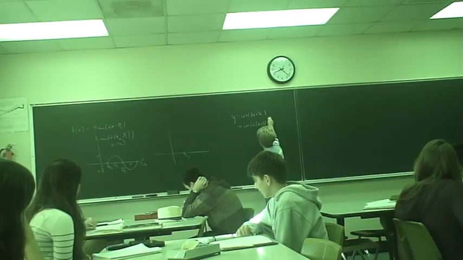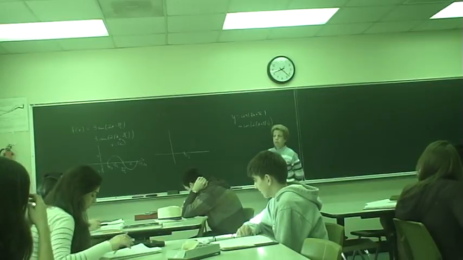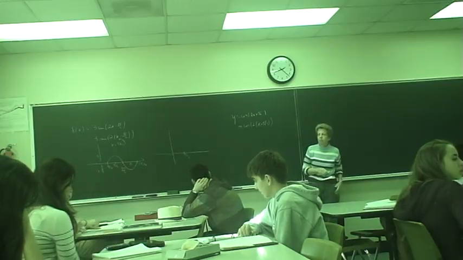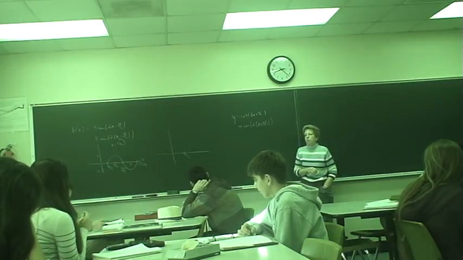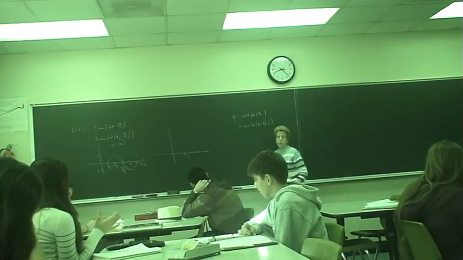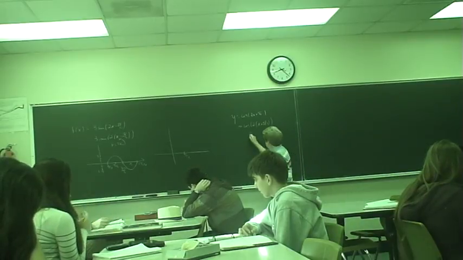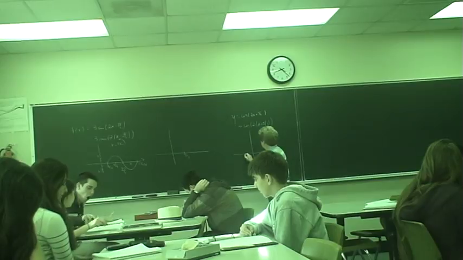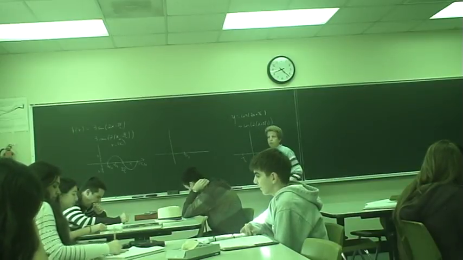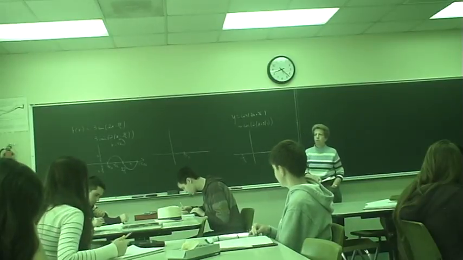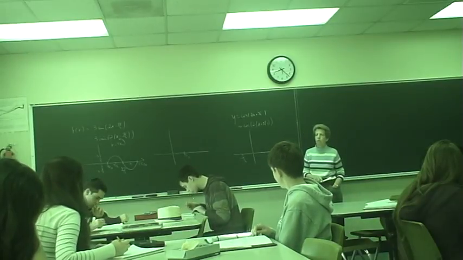So you would shift it by pi over 2, but which way is the shift? To the left. Okay, so I'm going to start at negative pi over 2, and when am I going to be done? At 3 pi, no, wait.